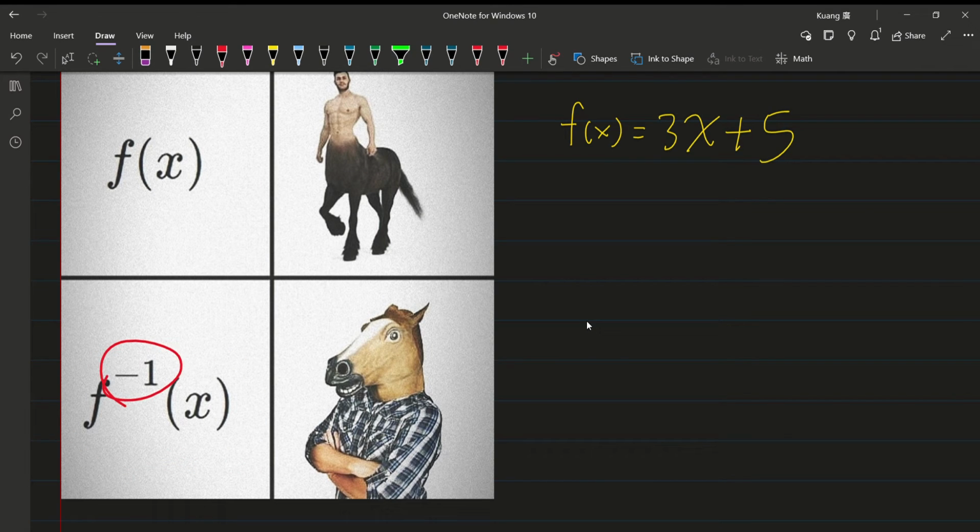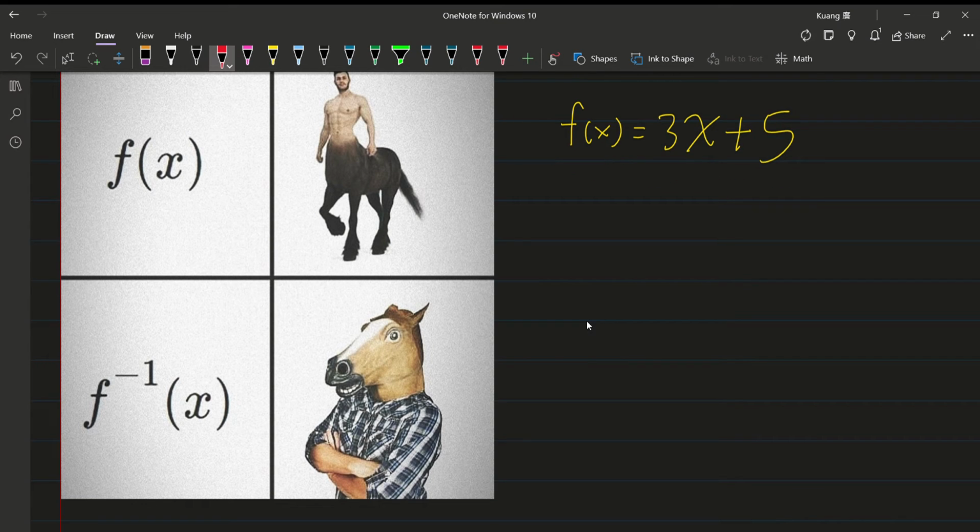However, inverse function has nothing to do with negative or power. The -1 doesn't mean a power, it just means inverse function. So not negative. So how do we find the inverse function of this function?